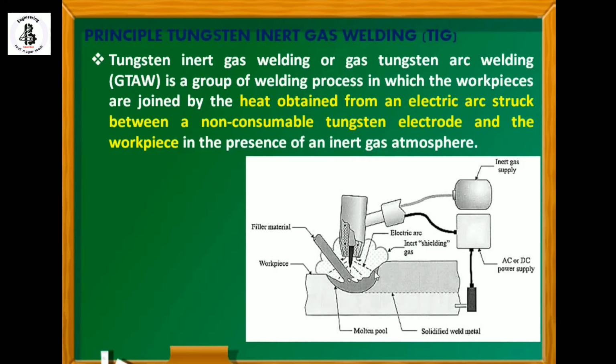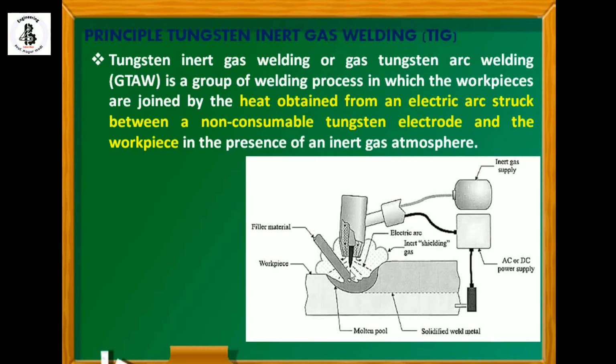This weld pool, or you can say molten pool, and its solidification during the welding process create a kind of environment around it that protects it from the environment forming an oxide, which has the same characteristics as we discussed in SMAW, but at that time flux was being used. The main disadvantage of flux is the formation of slag.